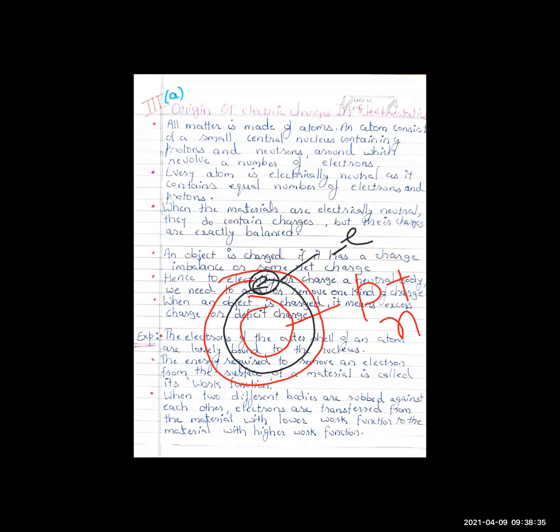Now children, every atom is electrically neutral. Now electrically neutral does not mean there are no charges, that there is no proton or no electron. No, electrically neutral means the number of protons is equal to the number of electrons.